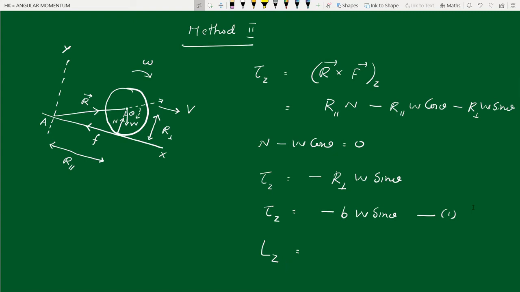The first term will be I0 omega, due to rotation around the center of mass. The only thing is that now the rotation is in the clockwise sense. Look at the rotation of this drum. It is in the clockwise sense, so the angular momentum will be directed along the minus z axis. So minus I0 omega plus the angular momentum due to translation of the center of mass, which is r cross mv.